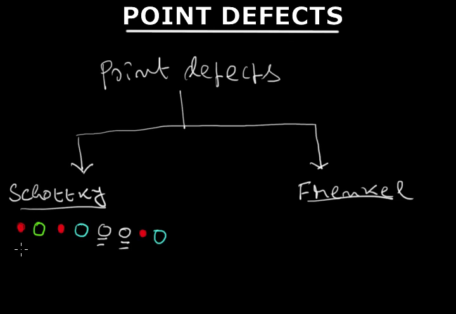In the second layer, the same arrangement is there. That is a cation, anion, a cation, anion. Cation, anion.